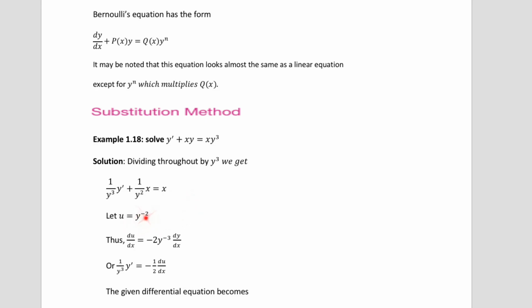Therefore, du by dx becomes, after differentiating this, we get this result, or 1 divided by y to the power 3 into y dash is equal to minus 1 by 2 into du by dx.